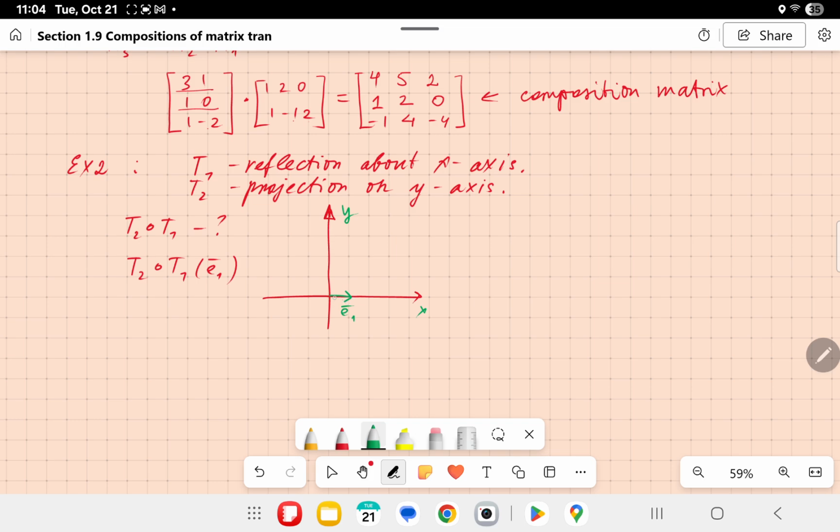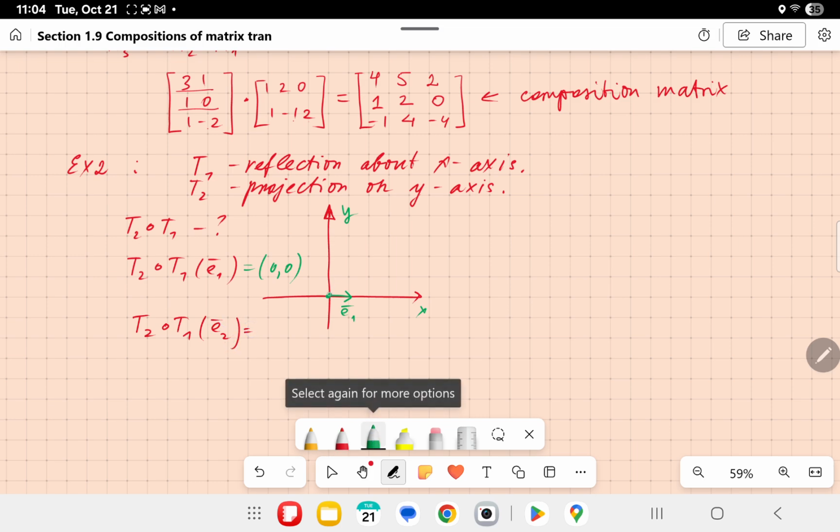Just like a reflection about the same axis. Projection onto the y-axis is going to turn it into the 0, 0 point. So actually, that's going to be 0, 0. Well, maybe that's not a good idea to do these two transformations, but I want to just show how it works. Now, guys, I'm going to apply T2, T1 to E2.